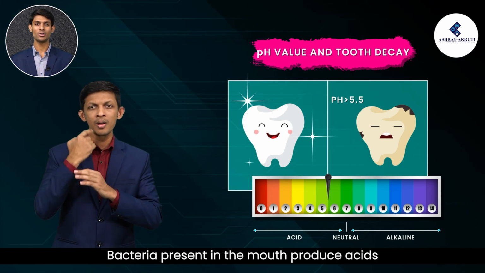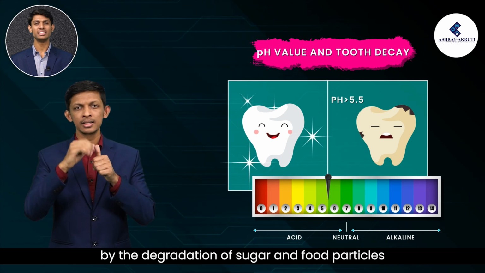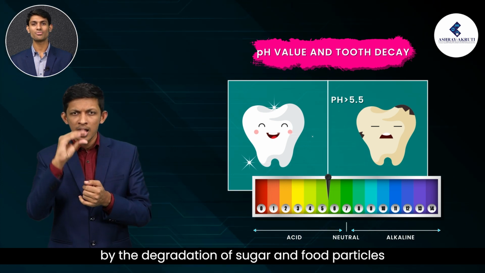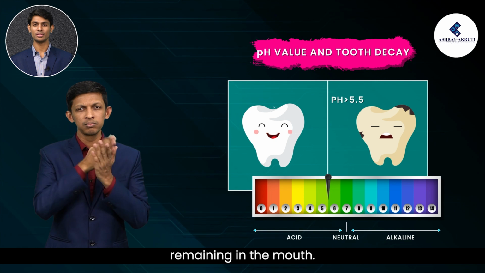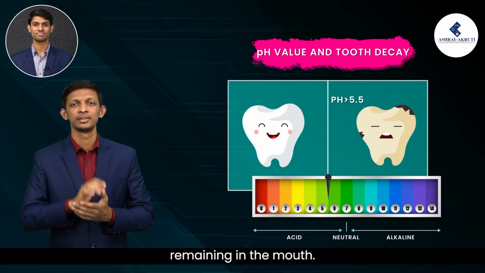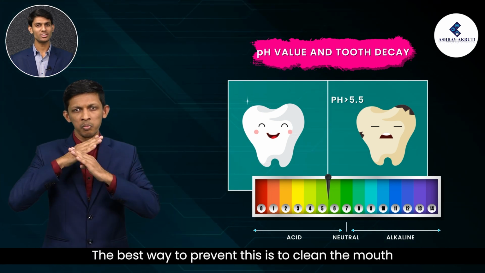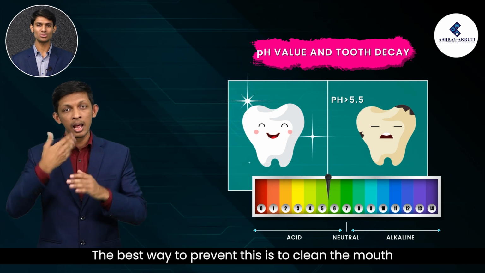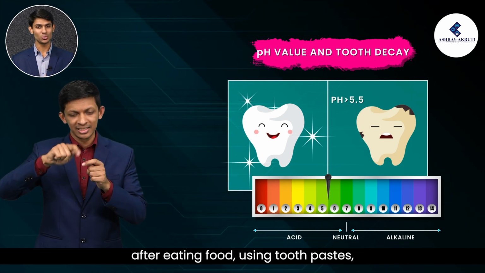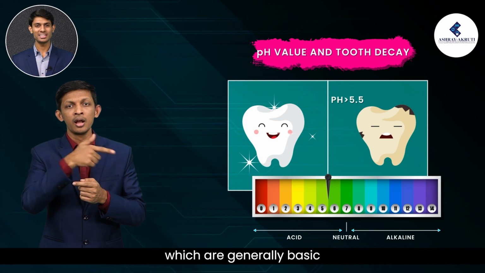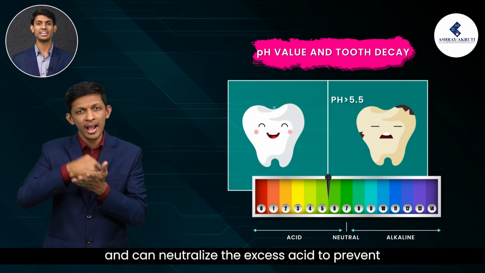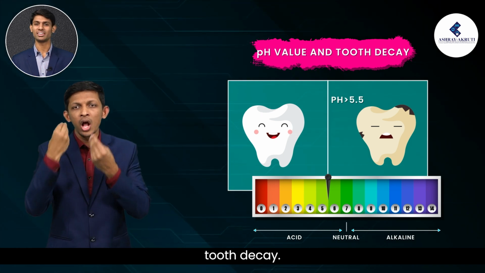Bacteria present in the mouth produce acids by the degradation of sugar and food particles remaining in the mouth. The best way to prevent this is to clean the mouth after eating food using toothpaste, which is generally basic and can neutralize the excess acid to prevent tooth decay.